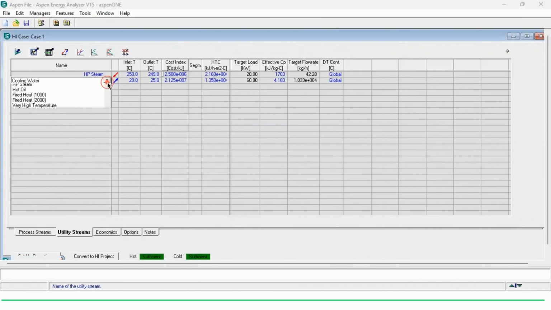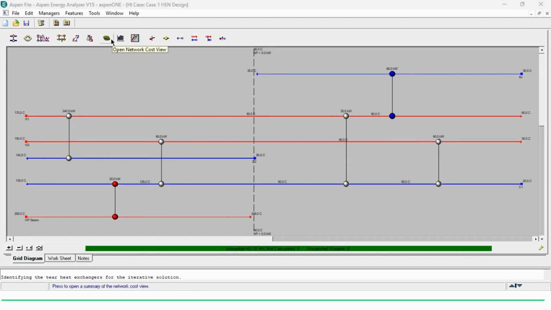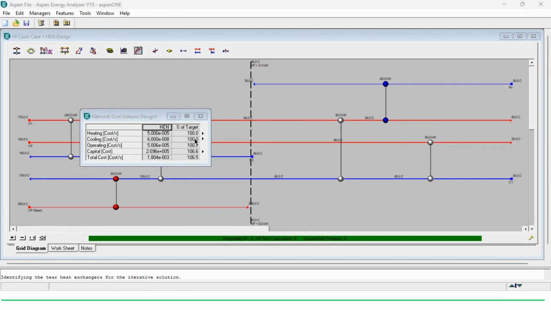Now I will replace cooling water with air. We will go back again and click on this, and now you can see these first 3 points are 100 as in the first case, but the capital cost and total cost have increased.